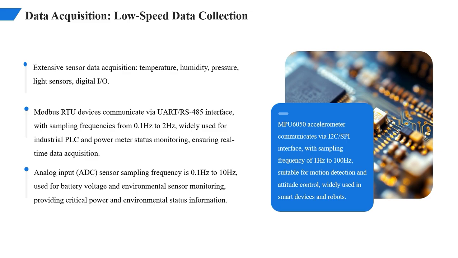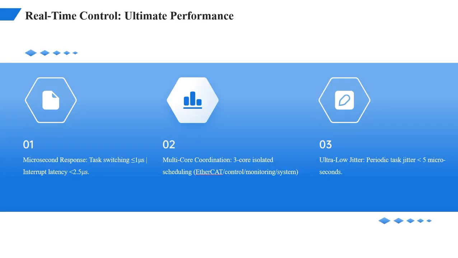And the rating provides sampling from 0.1 Hz to 100 Hz. Whether you need microsecond or millisecond sampling, RuiQing has you covered.